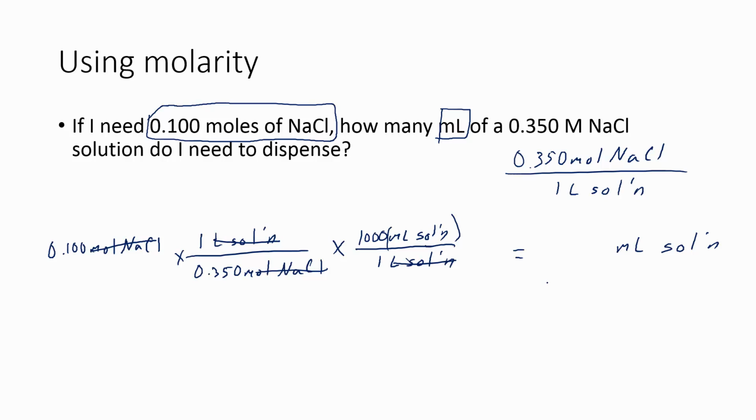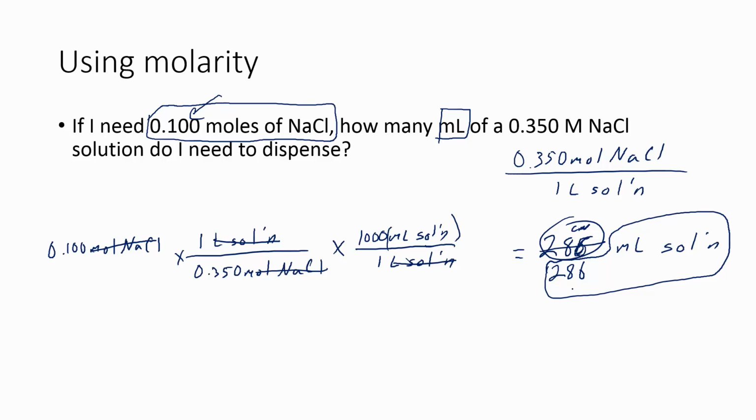Excellent. 0.100 divided by 0.350 times 1,000, I would need 285, more or less, 286 it looks like if I round properly. Single line cross out, 286. There you go. But 286 milliliters of solution is what I need to get 0.1 moles of sodium chloride.